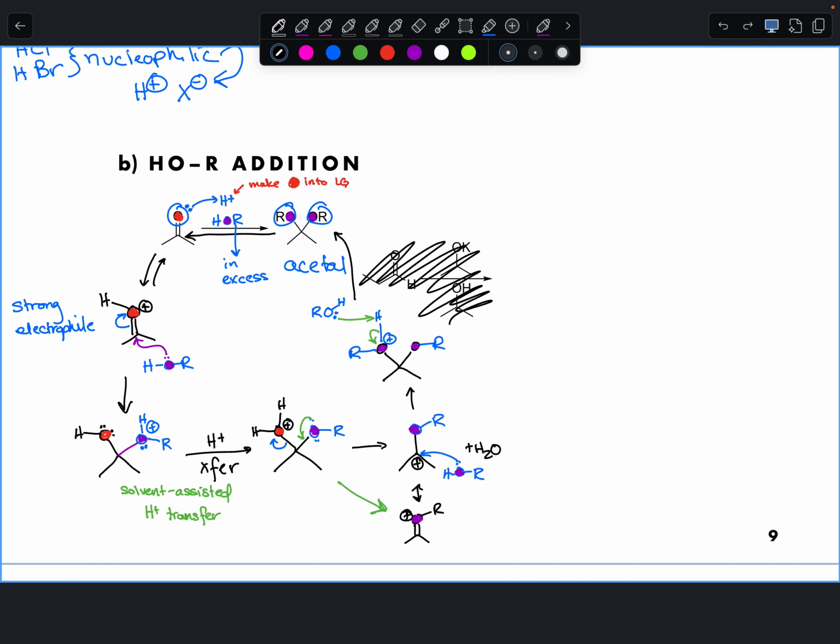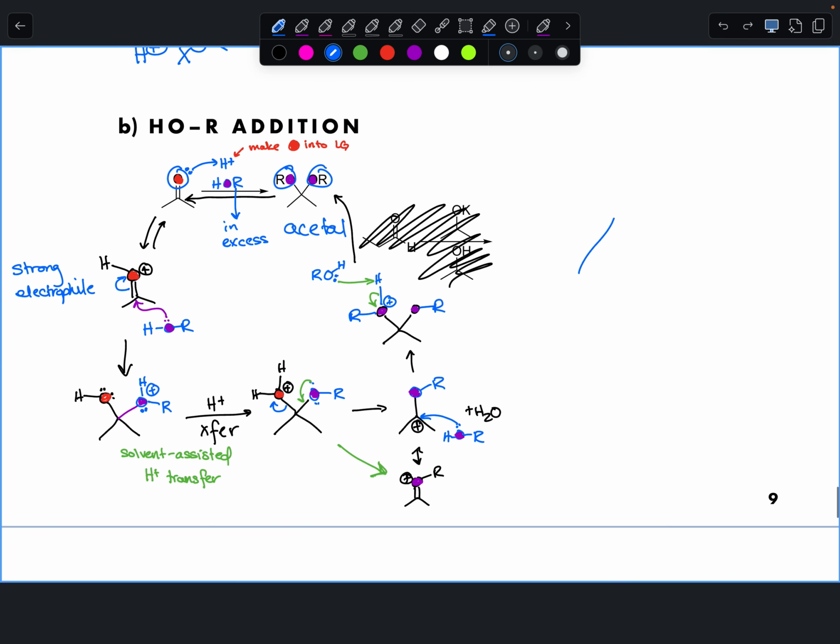We have a resonance form with the plus charge on the nitrogen, which is much more stable than the oxygen equivalent. There's also one other thing that makes this a little different than with an oxygen at this point. Let me go back and show you where we are with that.